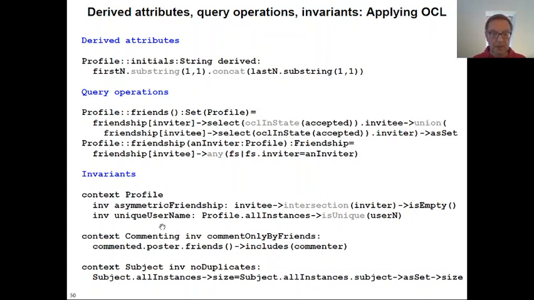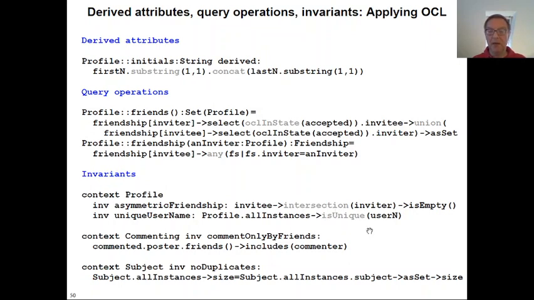The other invariant is a very standard invariant. Well, we want to have unique usernames. As we have seen in the object diagram, the username was unique. The invariant was satisfied there, and we formulate it as follows.